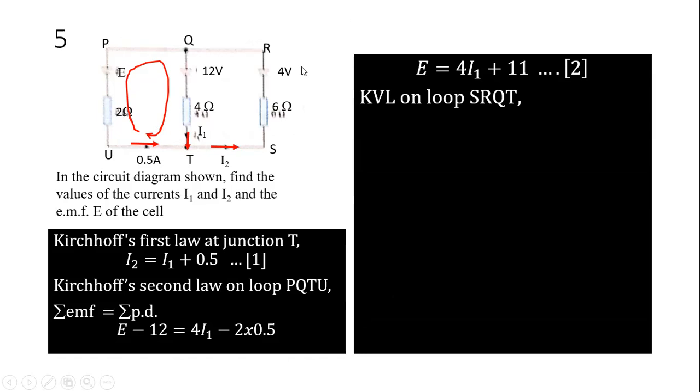Okay, now we apply it to loop S R Q T. You can use another loop if you want to, the bigger loop. It's your choice. So what's the equation? I'm taking anti-clockwise now. Anti-clockwise, not clockwise.